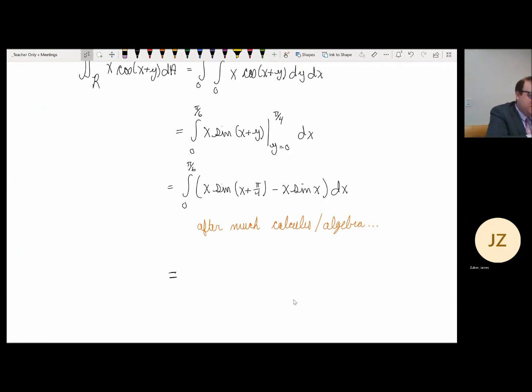I'm subtracting x sine x. Top minus bottom. Right, so when y is pi over 4, and then minus when y is 0. So after a lot of calculus and algebra, you should get this.